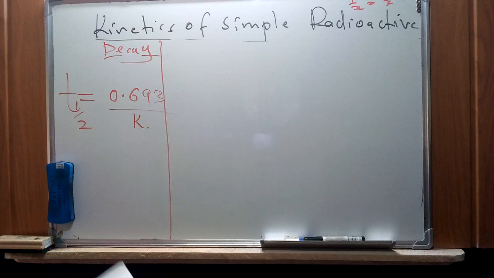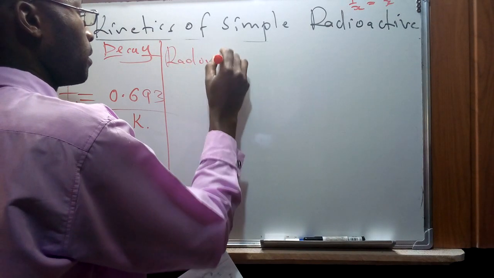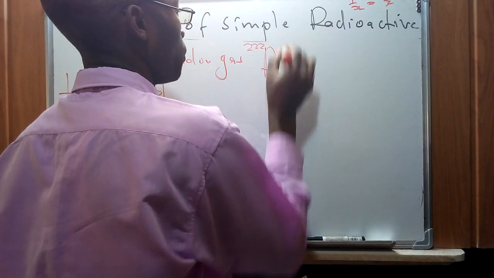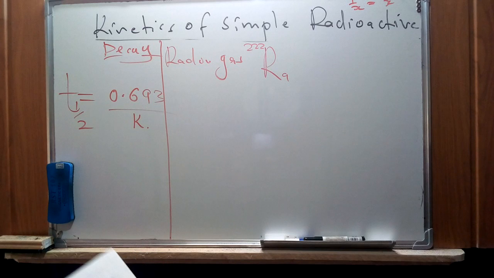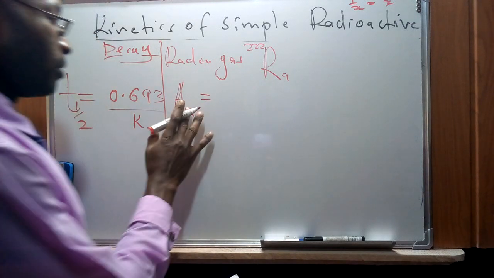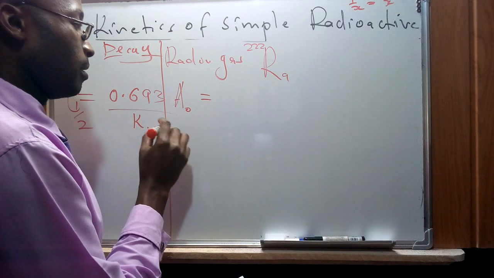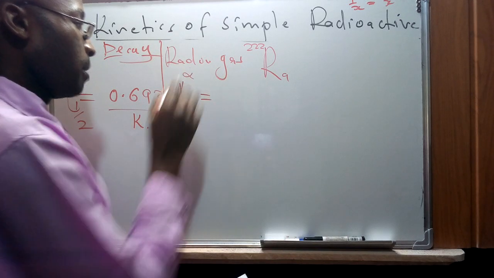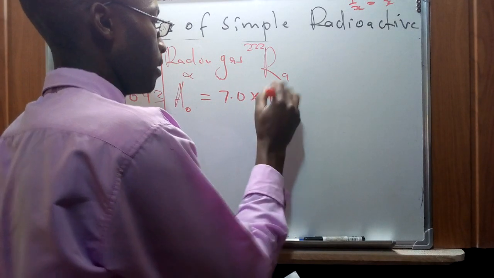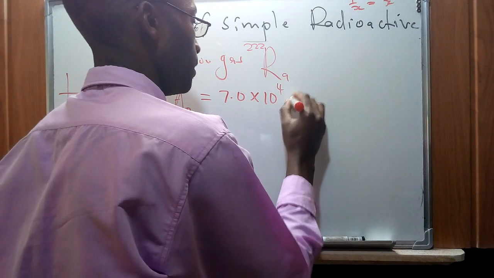In this case, we are told a sample of radon gas, radon is a radioactive isotope, which is radon-222, has an initial alpha particle activity, A naught, of 7.0 times 10 raised to 4 disintegrations per second.